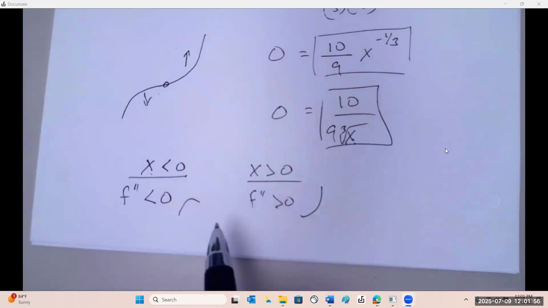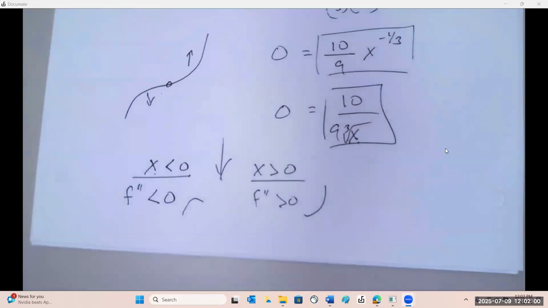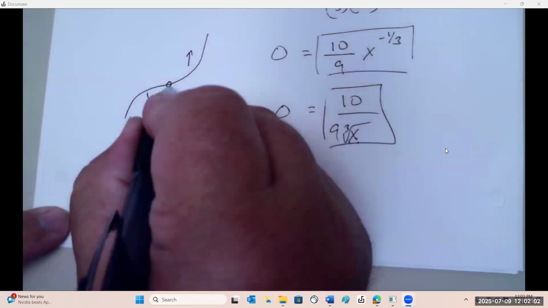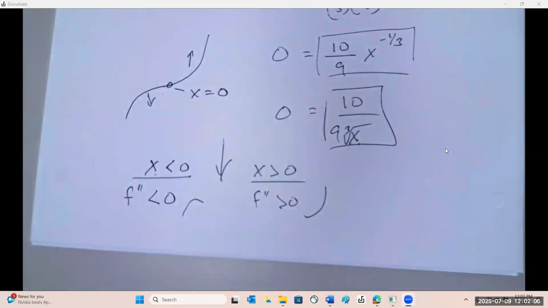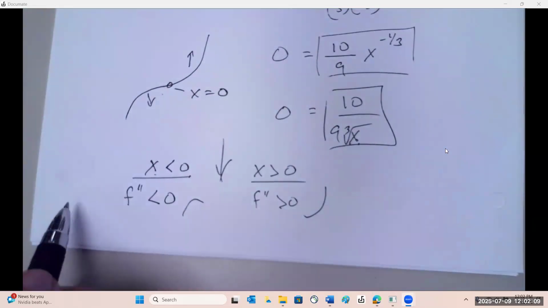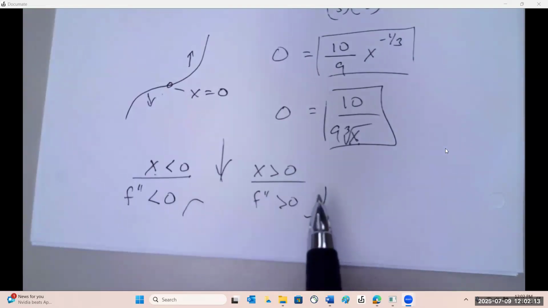So if it's less than 0 or positive, what happens at 0? That is where the point of inflection has to be. Because if the negative numbers are concave down, positive numbers concave up, that means that 0 has to be the point of inflection. That's where they change, even though we can't set it equal to 0.